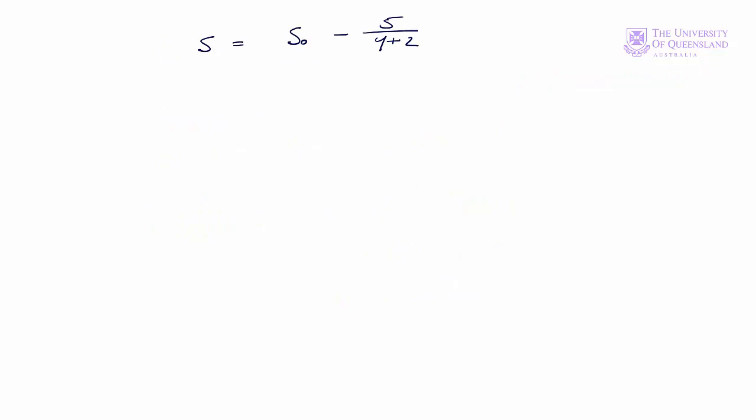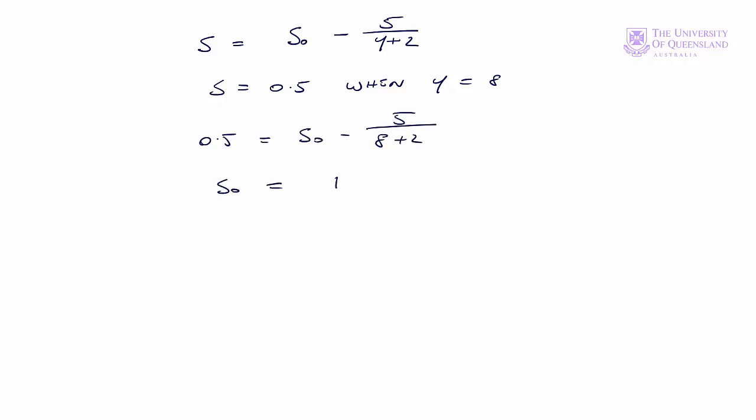We have our saving function with the unknown constant. We know that s is equal to 0.5 billion when y is equal to 8 billion. We substitute in to solve for s naught. Solving for that, we have s naught is equal to 1. Therefore, the saving function, s is equal to 1 minus 5 on y plus 2.